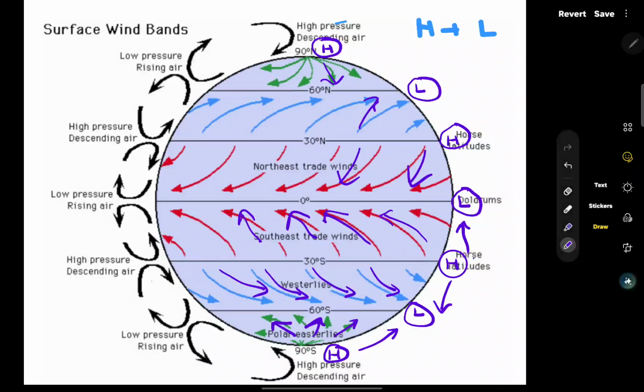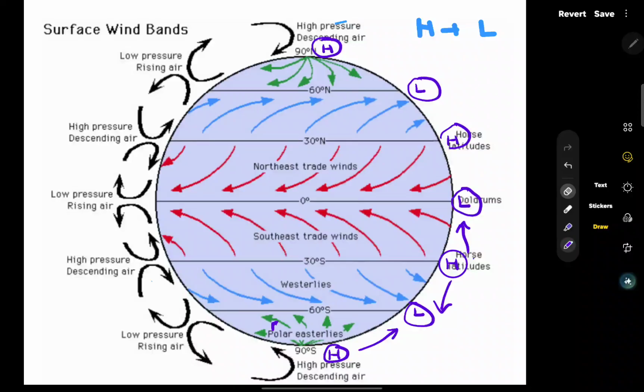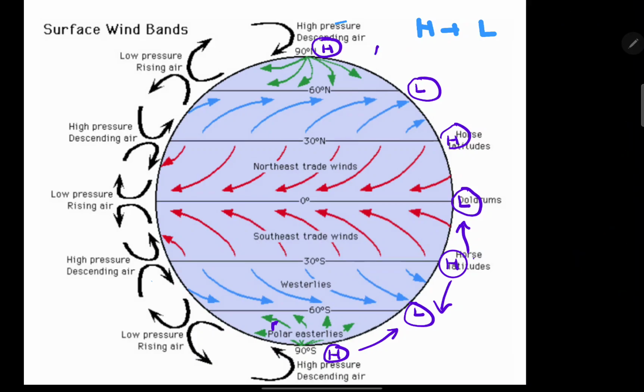Once you have kept that in mind, let's look at the wind naming. Now you know the directions of the wind, how it is traveling, and you can make all the arrows. The next thing I want you to remember is wind naming.